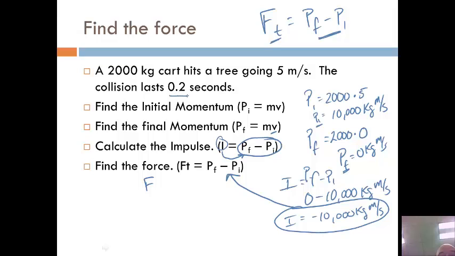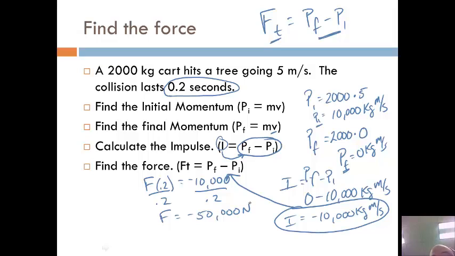The story problem tells us the time that this impacts. It's for a very small time. 0.2 seconds is equal to this negative 10,000 kilogram meters per second. Divide both sides by 0.2. And the force in here becomes negative 50,000 newtons.